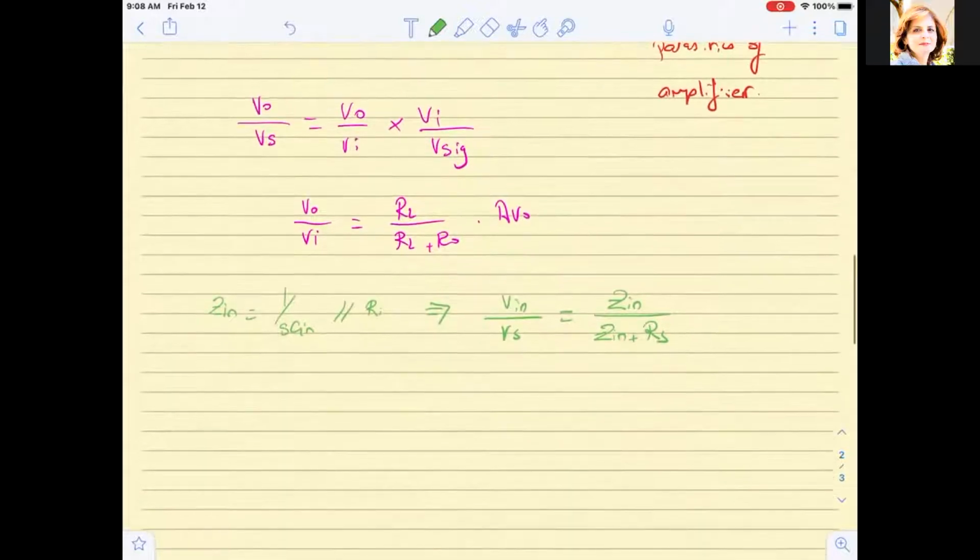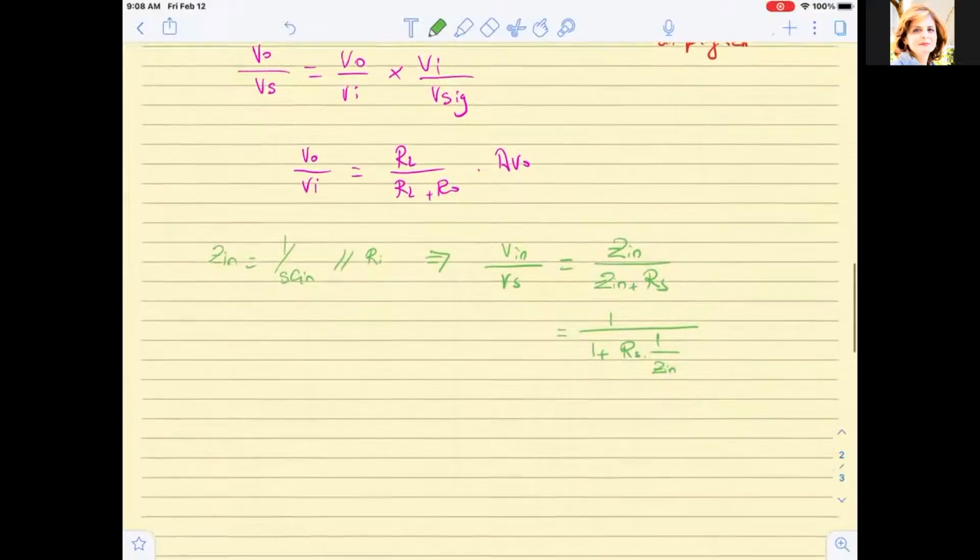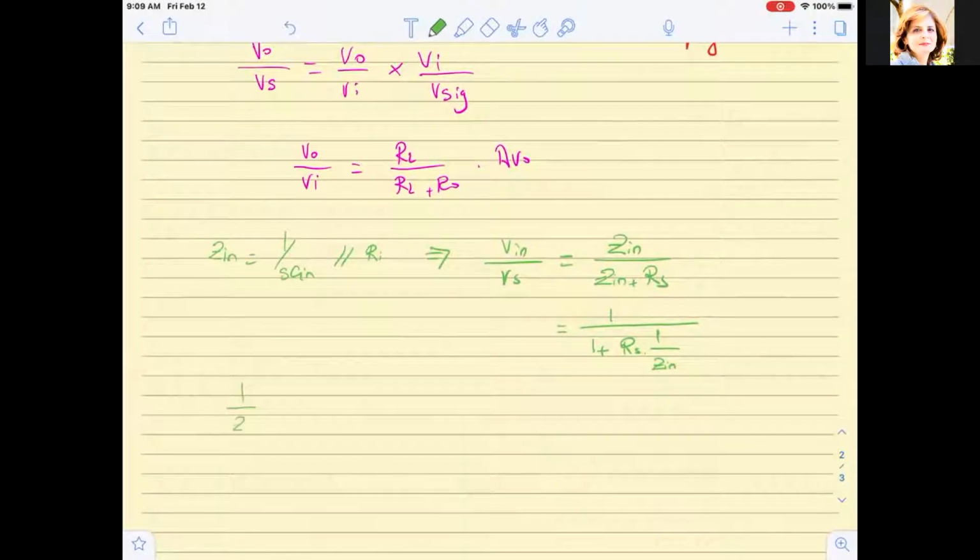We're going to rewrite this as 1 over 1 plus Rs times 1 over Zn. Okay, so the 1 over Zn is really 1 over SCn plus 1 over Rn, and this expression I can write as SCn plus 1 over Rn.